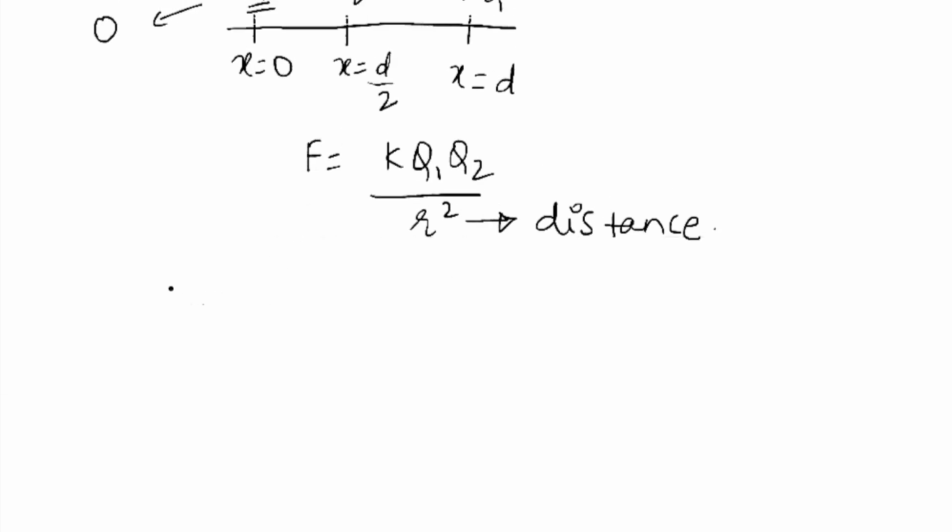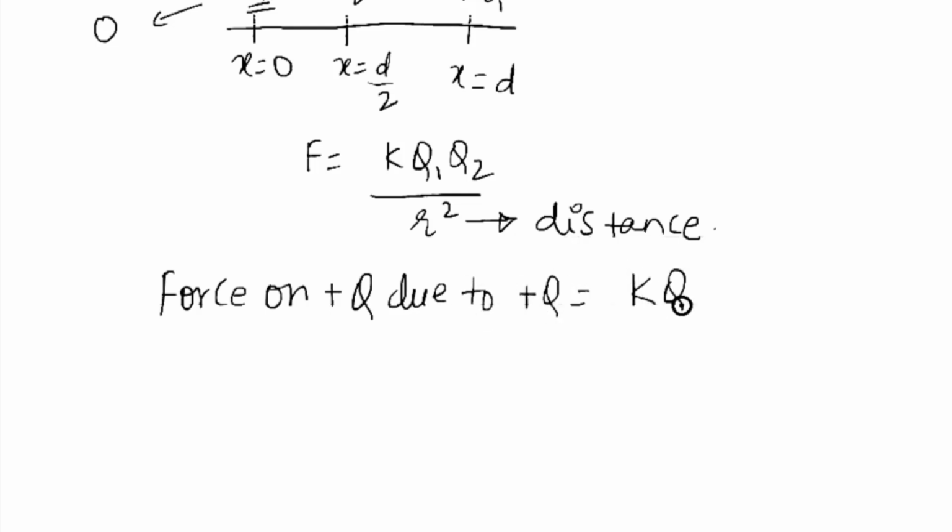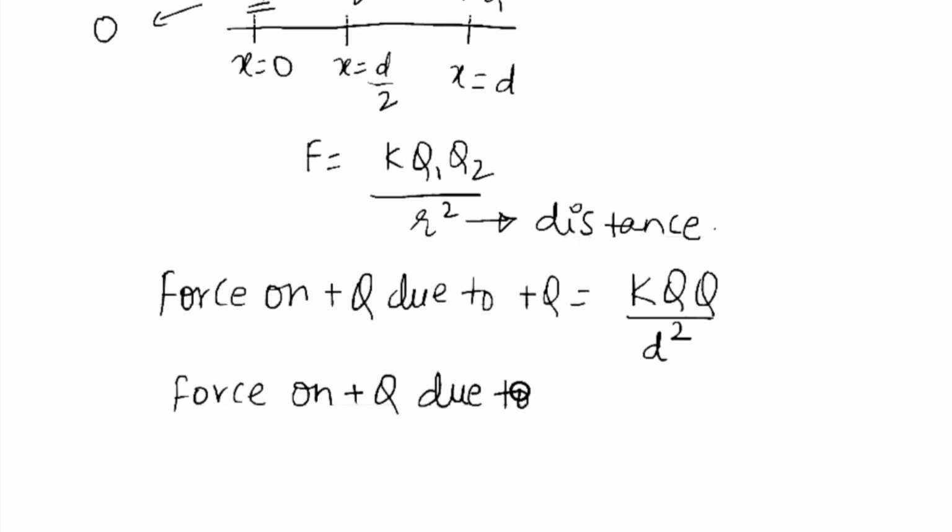Now, the force on plus q due to another plus q is equal to k Q square upon r square, here r is equal to d. Then the force on plus q due to small q is equal to k Q q upon d by 2 whole square.